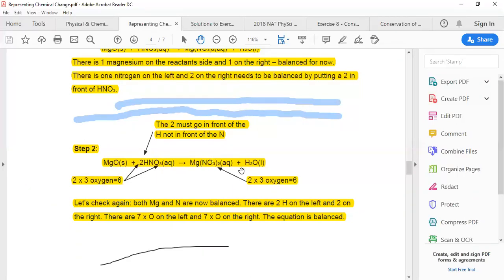Then you come to the product side, you've got 2 times 3 by the magnesium nitrate. It's 6 plus 1 by the water, which gives you 7. So the equation is now balanced. Clear? Right? So magnesium and nitrogen are balanced, hydrogen is balanced, and oxygen is balanced. Clear?